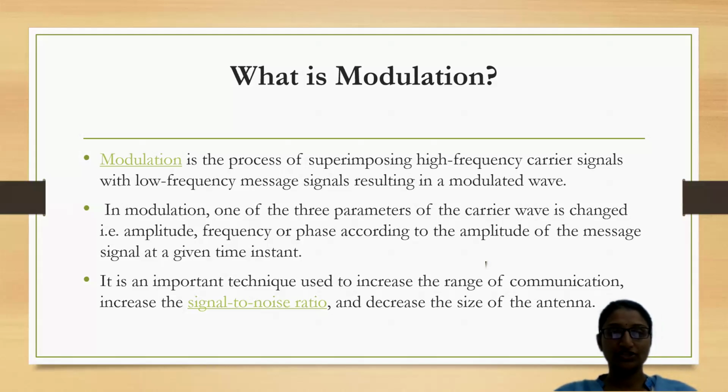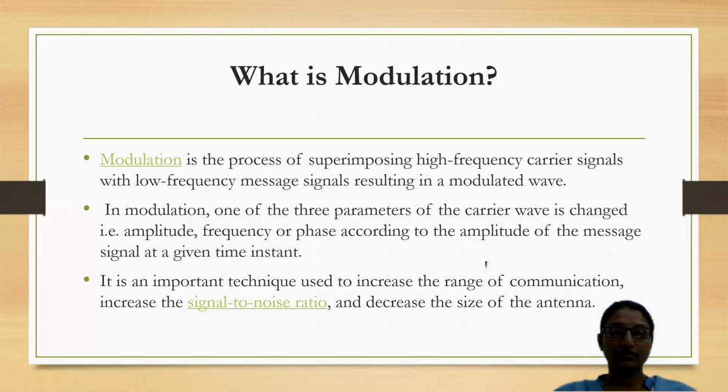In this modulation, one of the three parameters of the carrier is changed, that is either amplitude, frequency or phase according to the amplitude of the message signal. So modulation can be defined as a change in amplitude, frequency or phase of the carrier in response to the message.